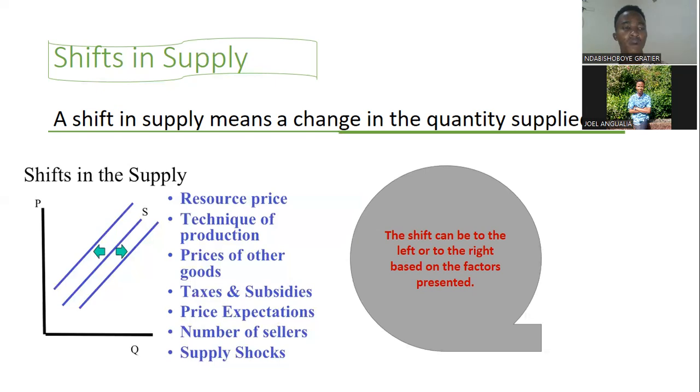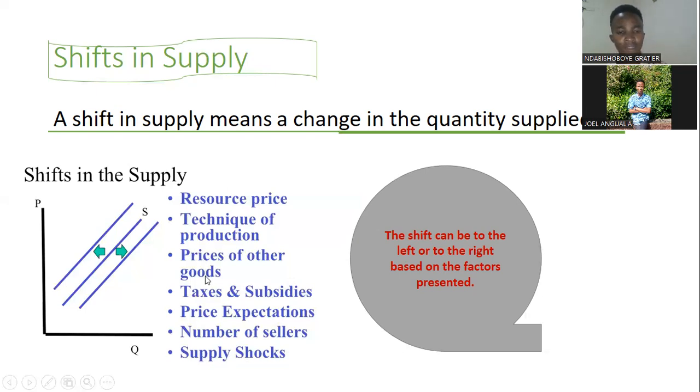It will have to decrease in its supply, quantity supplied. Whereas if the price of a good increases in favor of other goods, then its supply shifts to the right.